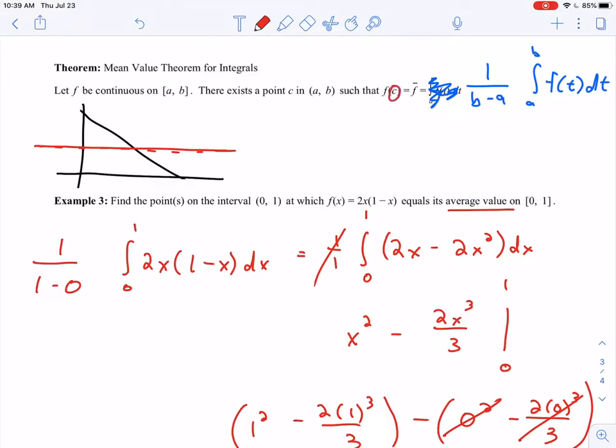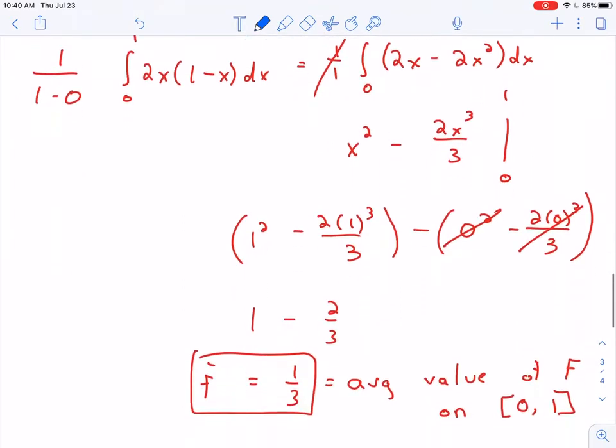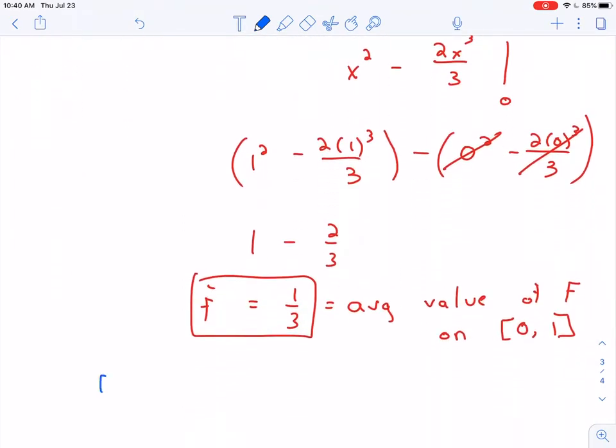Now I'm going to find the point C where my function is equal to its average value. So I'm just going to be taking my function and setting it equal to the average value. So I'm going to take my function, f of x, and set that equal to the average value. Or you can say f of c if you want to keep the notation consistent.